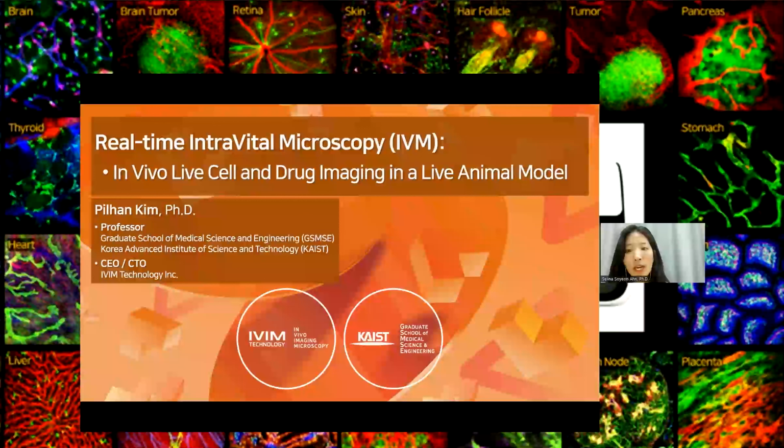Professor Kim's expertise spans various research fields. He has an impressive background, including a research fellowship at Harvard Medical School from 2005 to 2010. And in 2017, Professor Kim founded IBM Technology, a pioneering company dedicated to innovative intravital microscopy and imaging techniques.